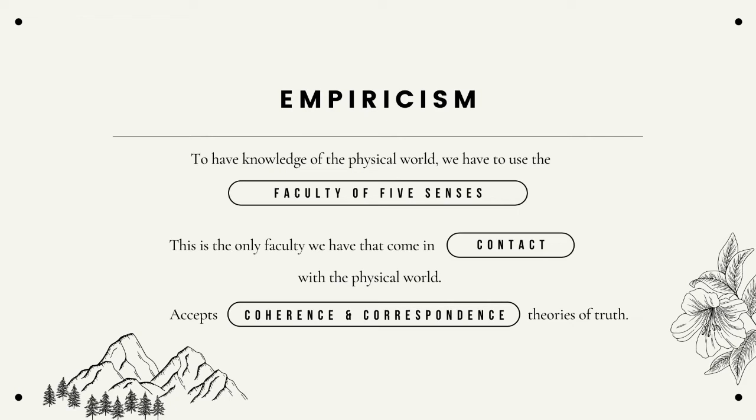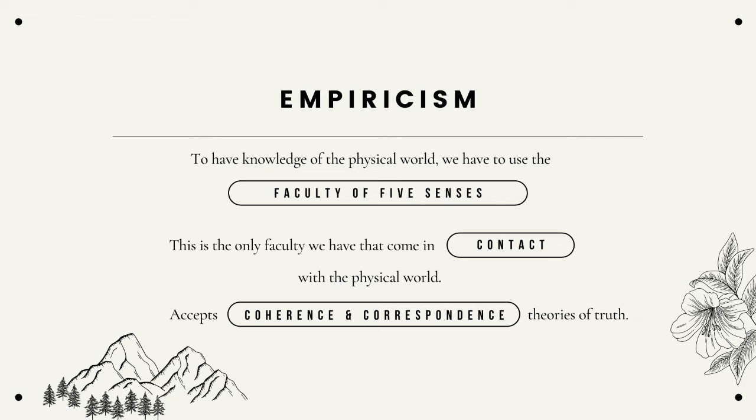So in contact, meaning nagkakaroon tayo ng knowledge or awareness sa physical world sa pamamagitan ng mga imaheng nakikita natin, mga bagay na nahahawakan, odors we can smell, flavors we can taste, at ang mga tunog na ating naririnig. So ang lahat ng ito ay gamit ang faculty of sense perception.